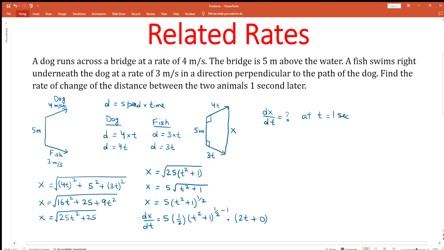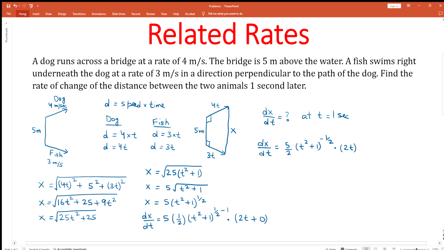Now we can simplify this equation. Five times half is 5 over 2. In the exponent, half minus 1 is negative half. 2t plus 0 is equal to 2t. We have to find the value of dx over dt at t equals 1 second.